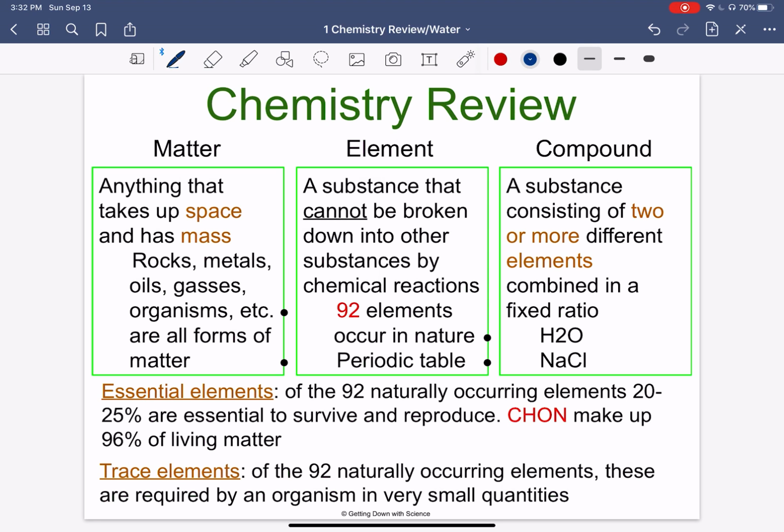So a compound is just two or more elements that are combined together, like hydrogen and oxygen to make water, or in this case, like sodium and chloride to make salt, table salt. Most of the things that we're actually going to be talking about in here are made up of carbon, hydrogen, oxygen, and nitrogen, with a couple of other things kind of thrown in, a little bit of sodium, a little bit of chlorine, a little bit of potassium, a little bit of calcium.